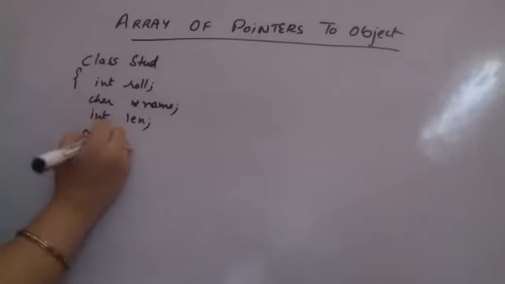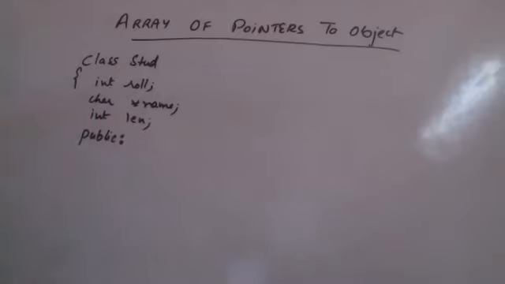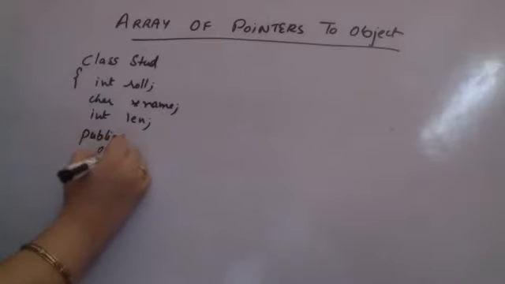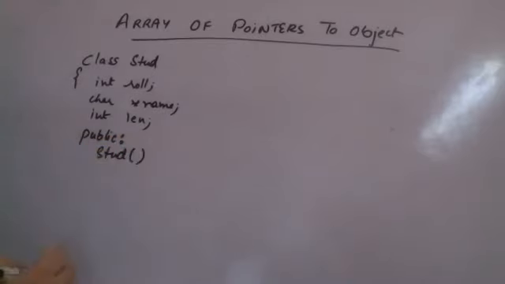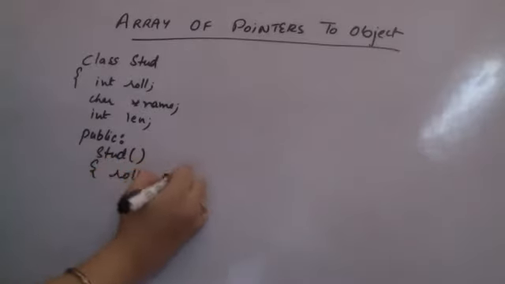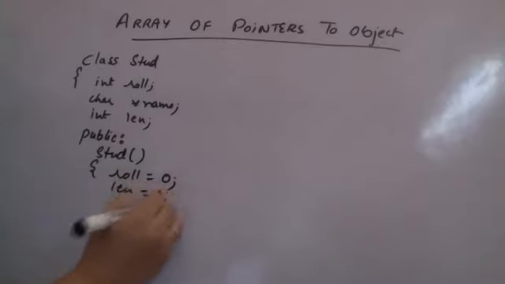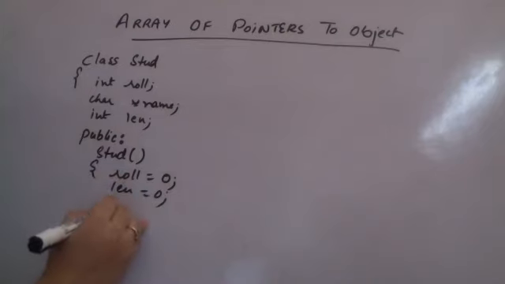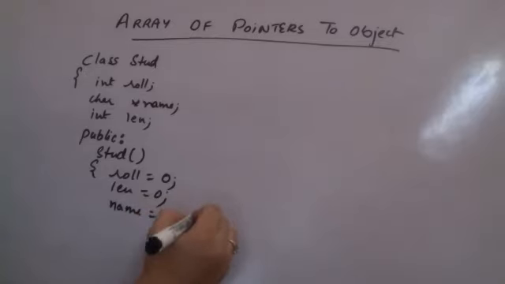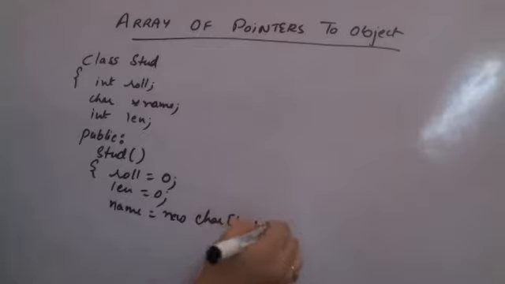Now in my public part, I am creating a constructor here. This is my default constructor where I am saying that roll number is equal to 0. I am initializing 0 as roll number. I am initializing length as 0, and I am creating name as new character, and here I am having length plus 1.